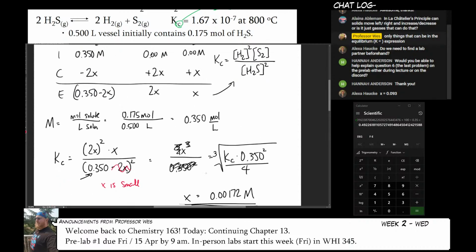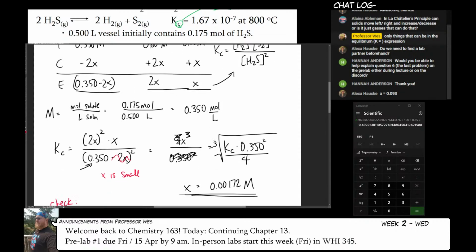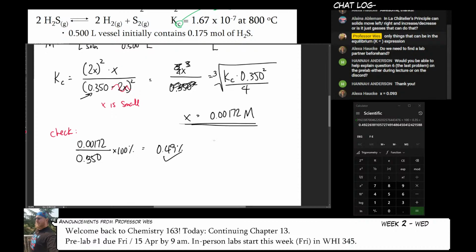So if these are our concentrations up here at equilibrium, then H2S would be, we'll go down here, 0.350 minus 2x, sorry, 2 times 0.00172.